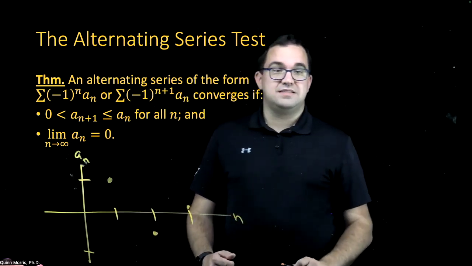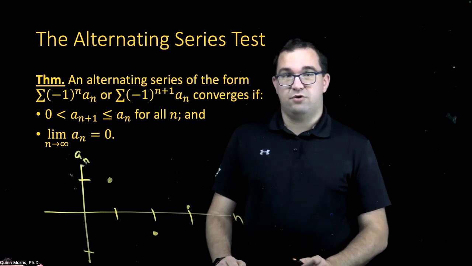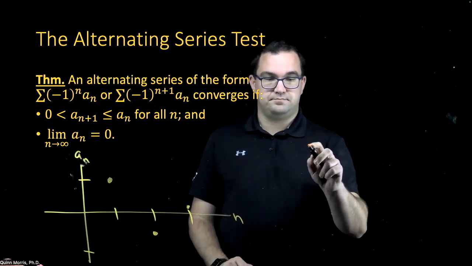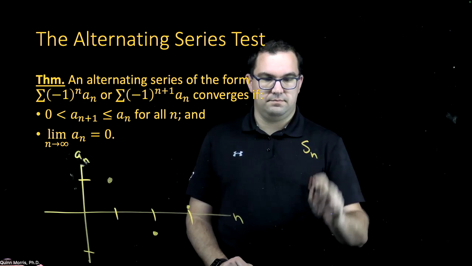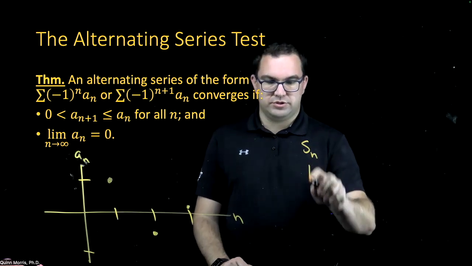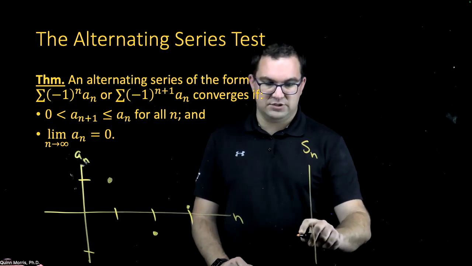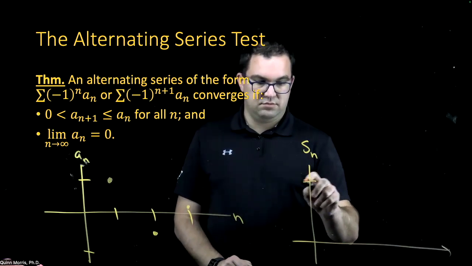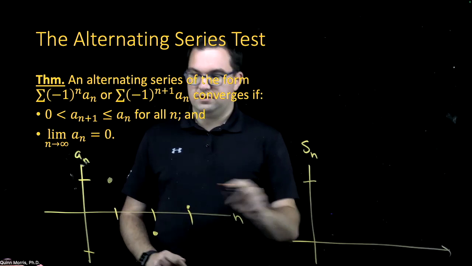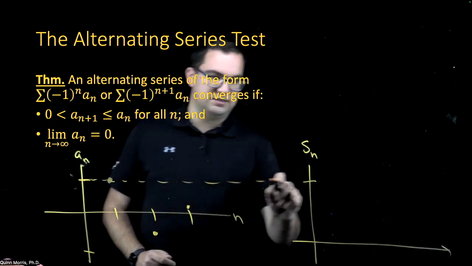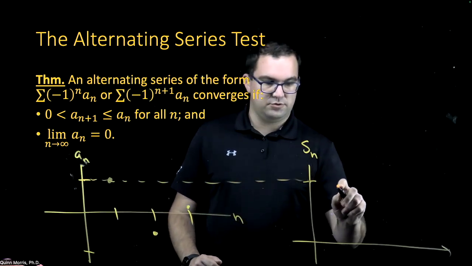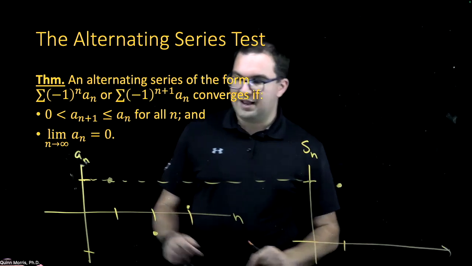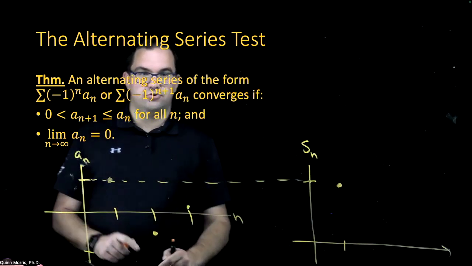Now, let's think about the effect that must have on the partial sums. The first partial sum is always just the first value, so it's at exactly the same height as this. The first partial sum is sitting here. Now for the second partial sum, I'm going to add these two values.